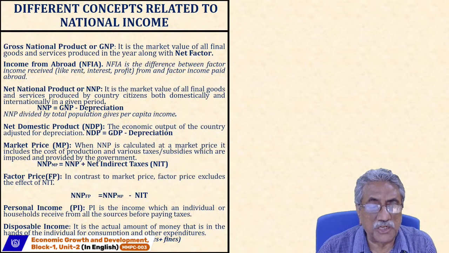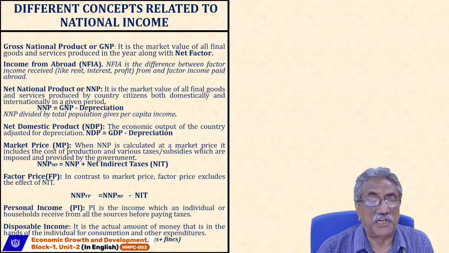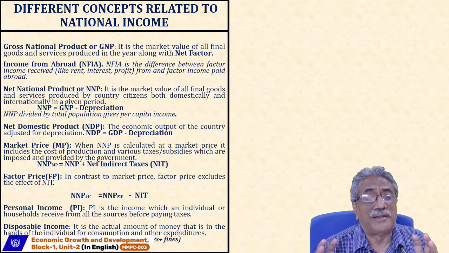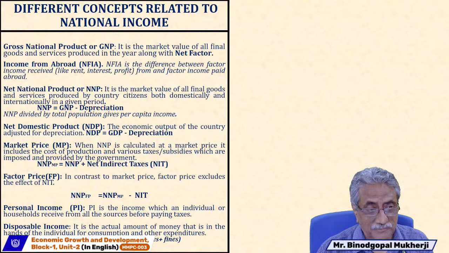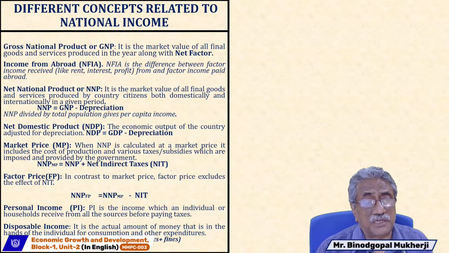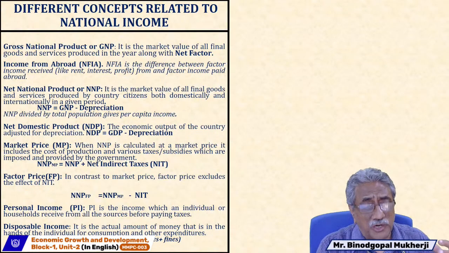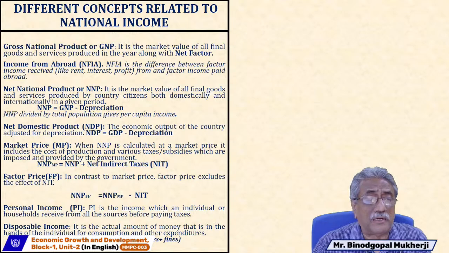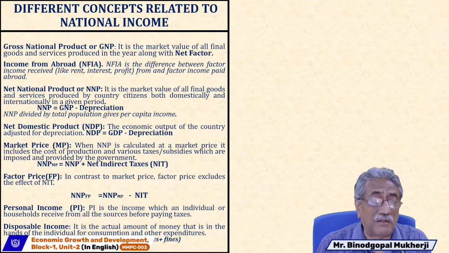Finally, let us come to personal income. It is the income which an individual and household receives from all sources before paying tax. This is your personal income. But after that comes the disposable income, because after paying tax, what you are getting in hand is the only thing you can spend, disposable in your hand.